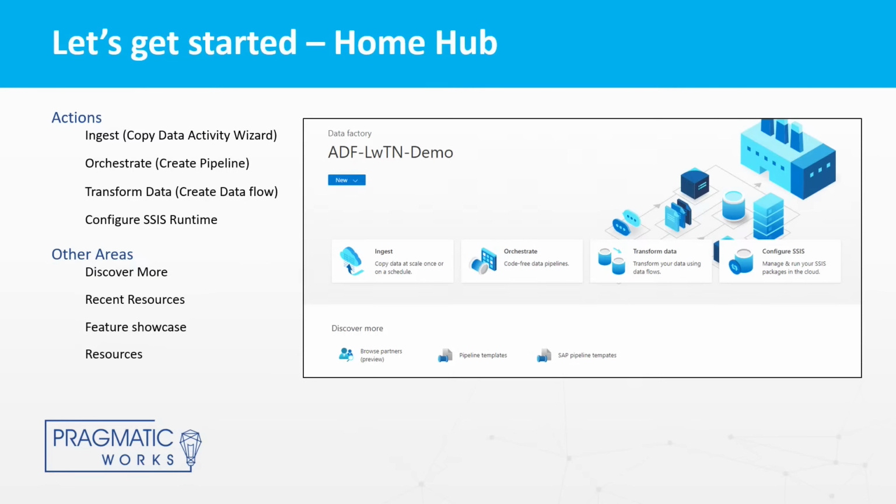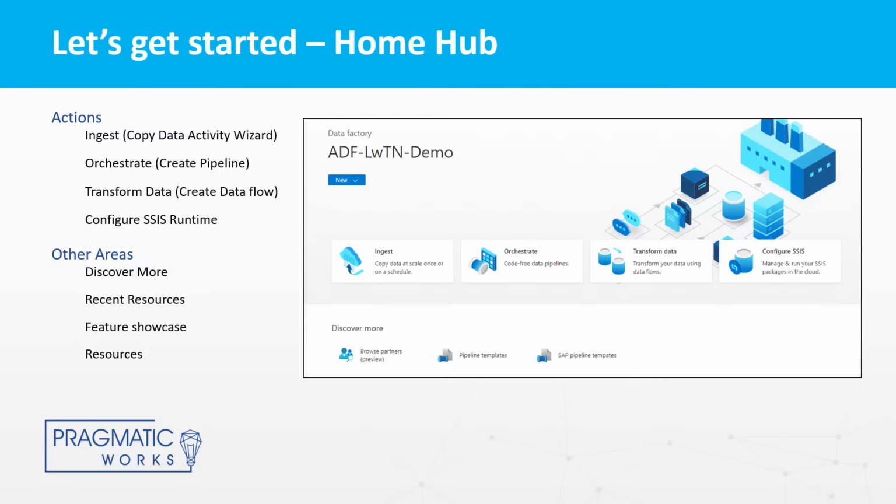Orchestrate just brings you to the create pipeline screen from scratch. Transform data opens up a brand new data flow to create from scratch. And then lastly, you do have a configure SSIS runtime, which brings you to the manage hub, which we'll get into, so that you can configure a runtime. But we haven't really discussed runtimes. We're going to get into that momentarily.